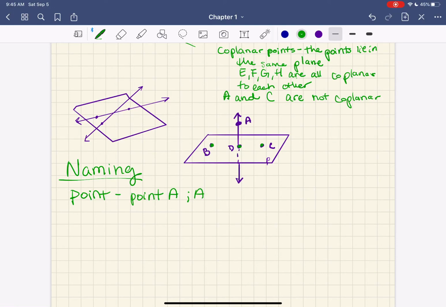Okay. When you are talking about a line, you have to have 2 points listed. So our line could be AD. That's a line. It's very important that you put those arrows on the end as well. And where does that come from? Why do we have to have 2 points listed?